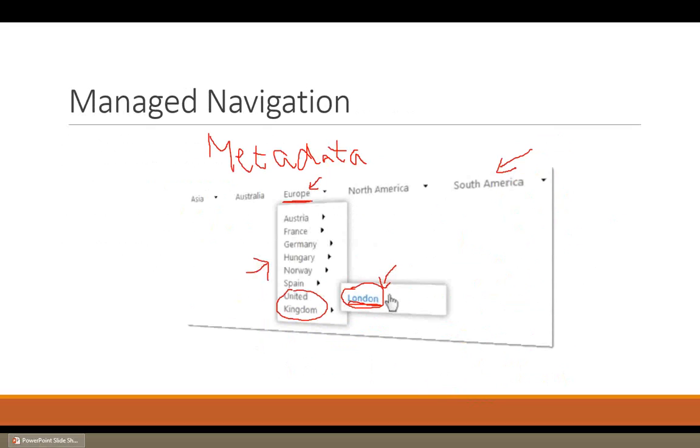You have to deploy it and crawl the content, etc., because everything is search driven here. So whenever someone clicks on Europe, for example, the items and documents belonging to Europe will be displayed based on the search index. So search is very, very important here.